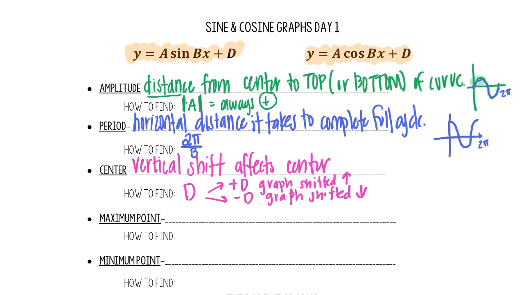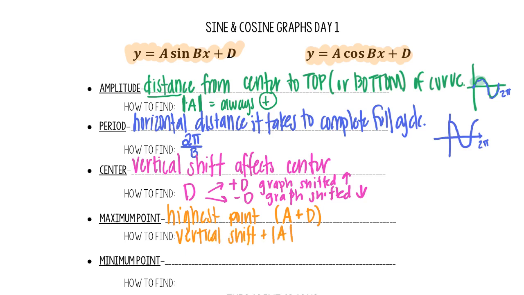The maximum point is the highest point on the y-axis that the graph is going to hit. So this is just the highest point. And to find it, you'll find the amplitude and then add whatever the vertical shift is to it. So it's the vertical shift plus the amplitude.